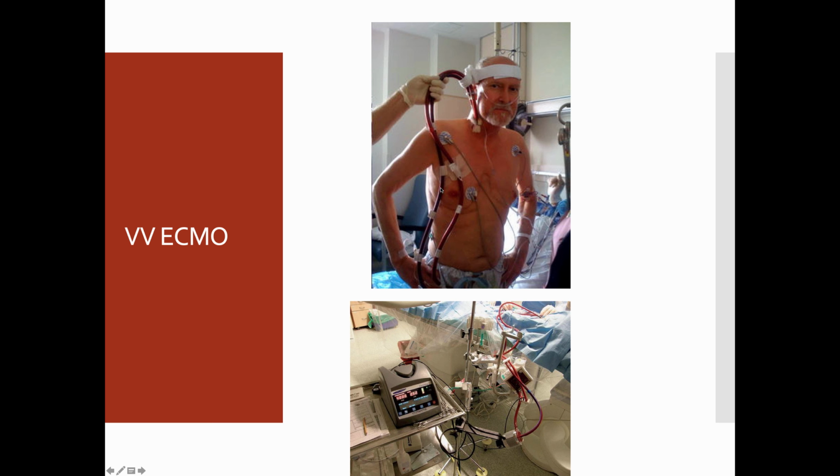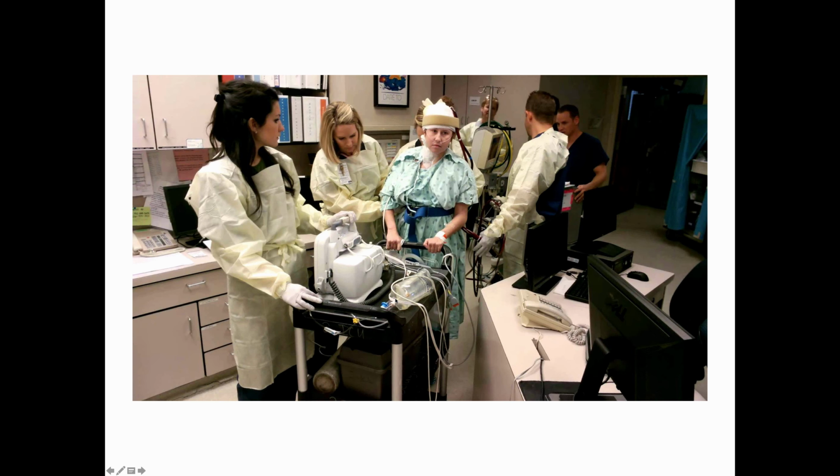You can see the darker blood in this one compared to the arterial blood. The oxygenated blood. It's both going back into the vein, obviously, but you can see the difference in the color there. This is another patient who is up and about, and you can see her lines coming out from behind her head as well.